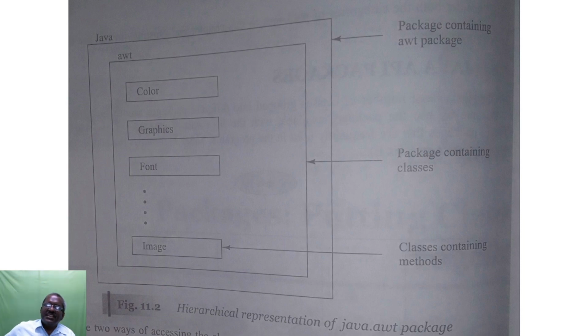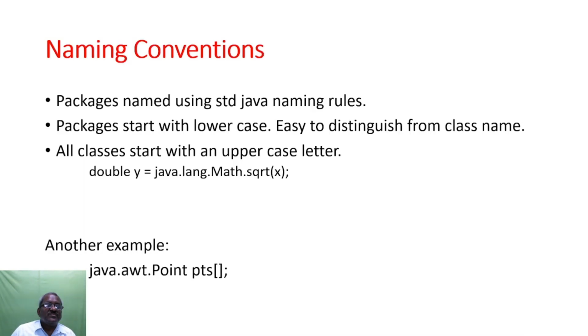Java is a package, AWT is another package, and whatever is inside it is a class. Now, the naming convention. How are we going to name the packages?